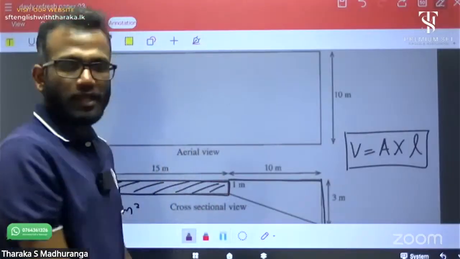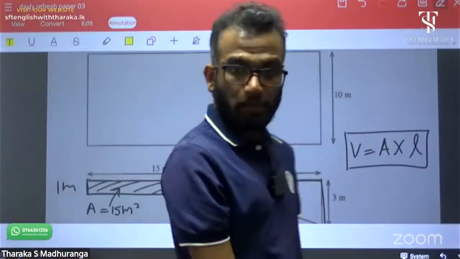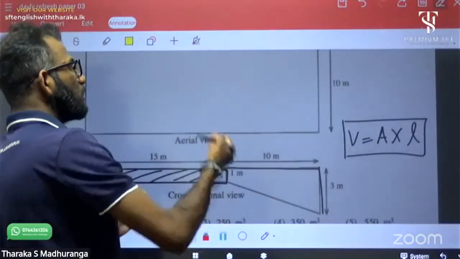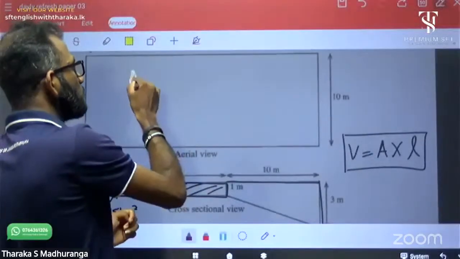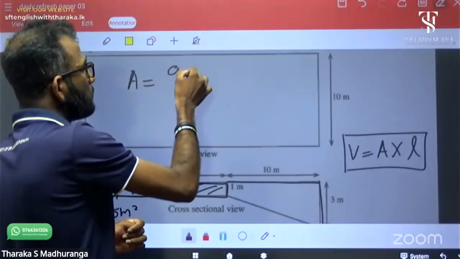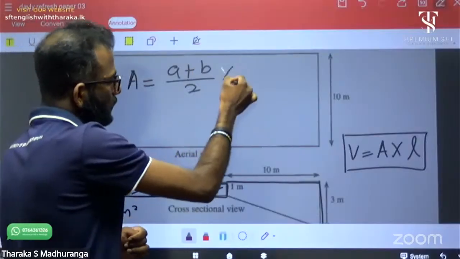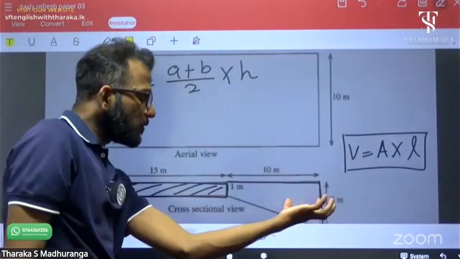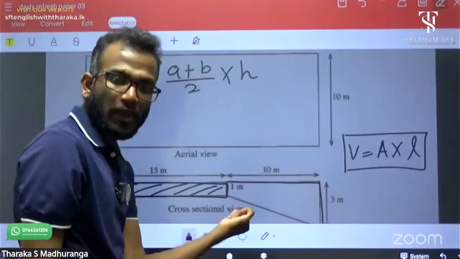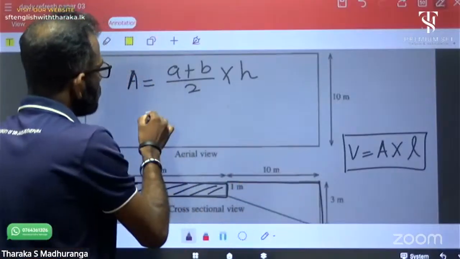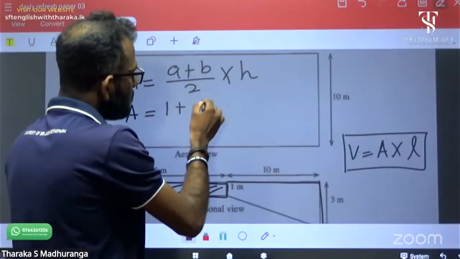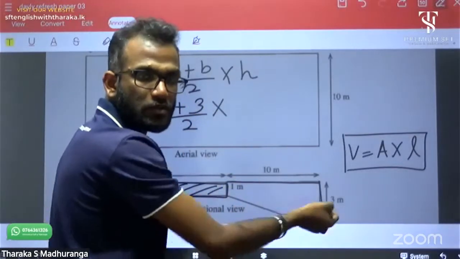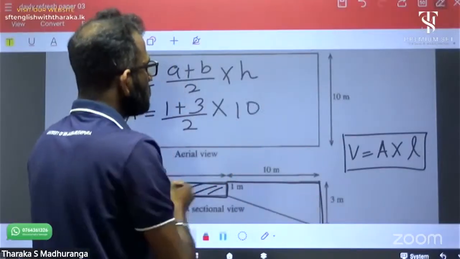Now how to calculate the area of this unshaded trapezium part? Do you remember the equation? The area of a trapezium equals a plus b over 2 into height, the perpendicular height. What are the parallel sides? The parallel sides are 1 and 3. So area equals (1 plus 3) over 2, that is 4 over 2, times the perpendicular height, 10.